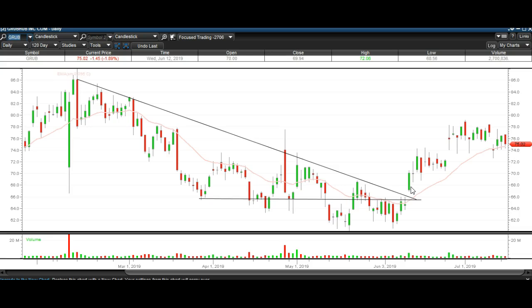So we gapped up here. That was the entry. We were looking for these highs as a target right around here. You can see they were resistance right here. There's a high right here. We hit that level right here. We wanted to see how it reacted to this level, because you don't want to close out the position too early.